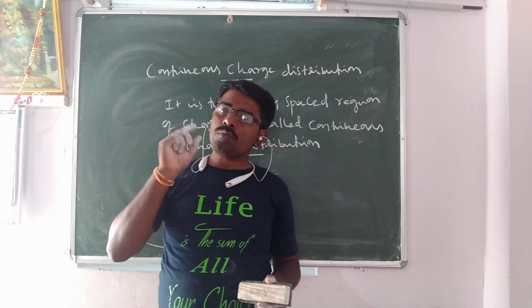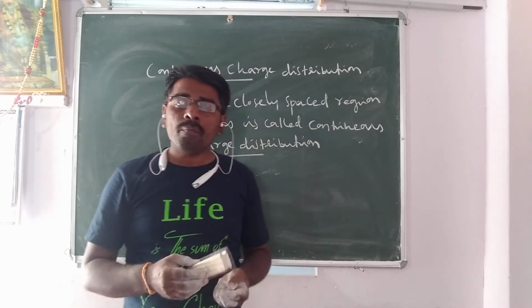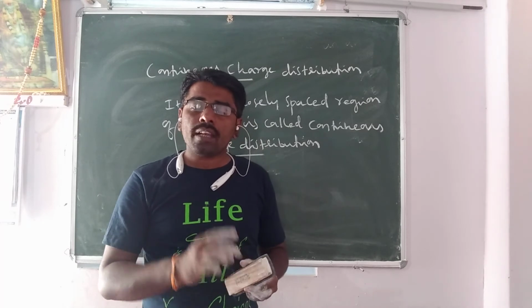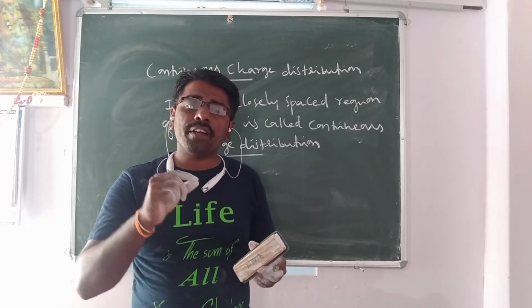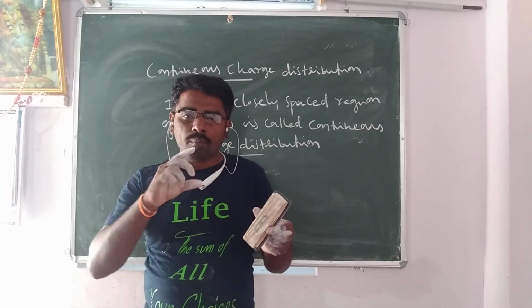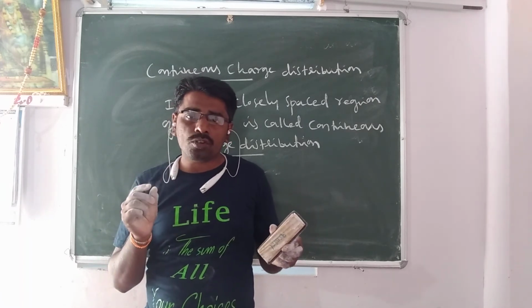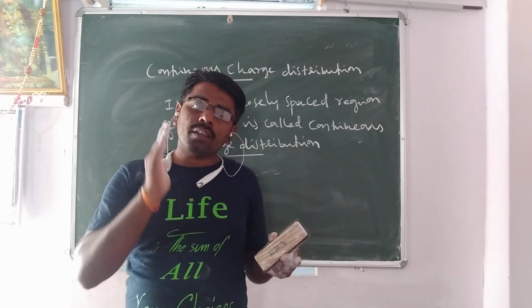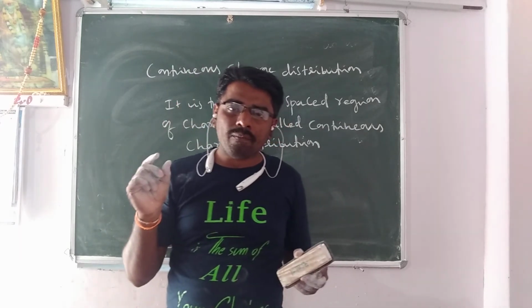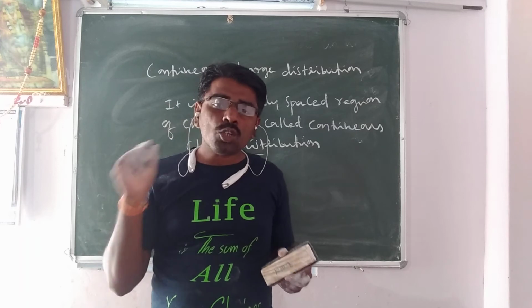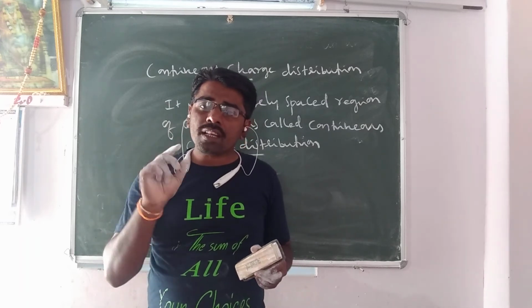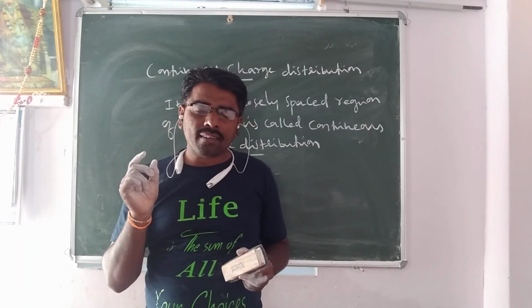For example, to find the electric field due to charges on the surface of a conductor, we use continuous charge distributions. The total conductor is divided into small elements to get continuous charge distributions.